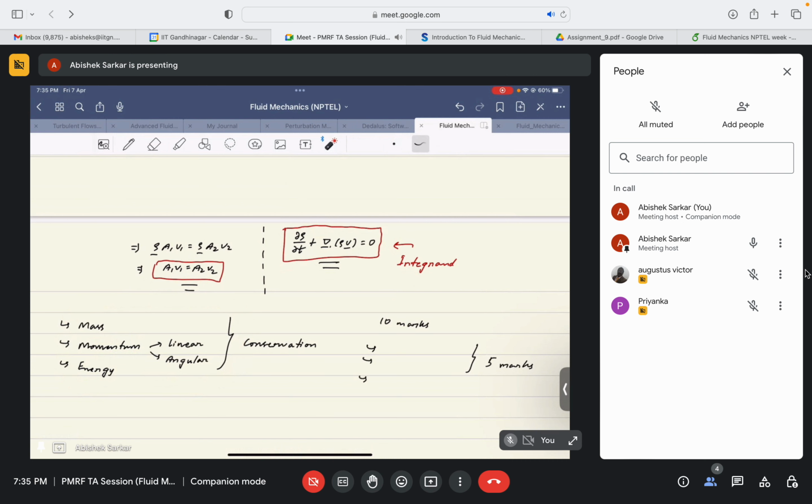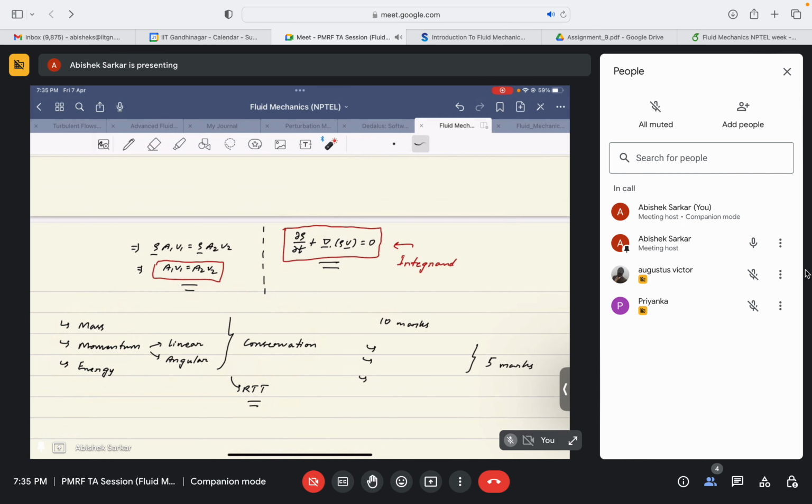How the governing equations for these conservation laws are derived can be done in various ways, but one of the efficient ways is with the help of RTT. That's why RTT is very essential, because once you know RTT, you know how to derive the conservation laws, and once you know the conservation laws, any fluid mechanics problem is tractable.